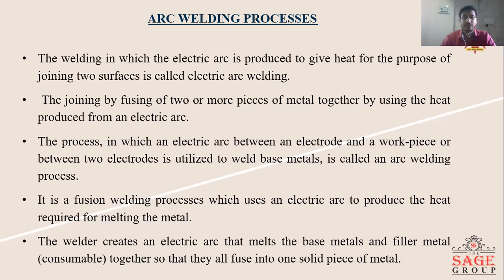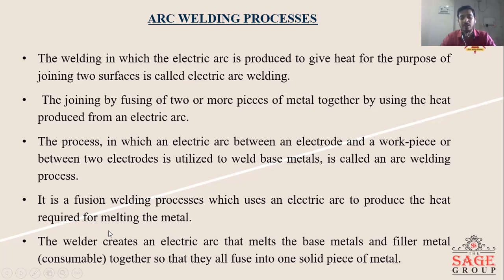The process in which the electric arc between the electrode and the workpiece, or between two electrodes, is utilized to weld the base metal is called the arc welding process. It is a fusion welding process which uses the electric arc to produce the heat required for melting the metal.